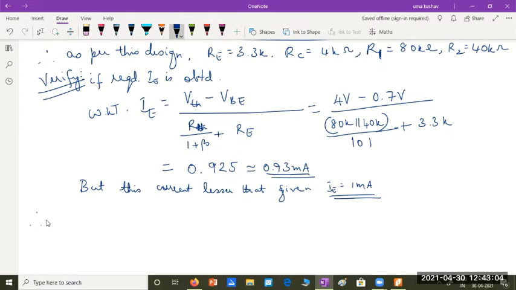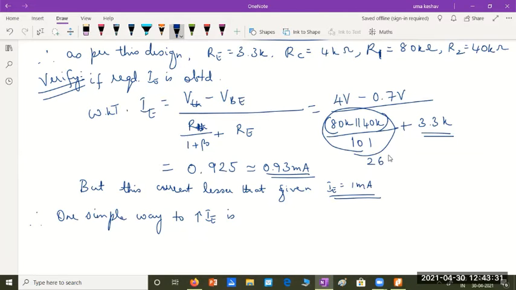Therefore, look at the equation and tell me. One simple way to increase this emitter current is, see, in the denominator I have two terms, RE, which is 3.3K, and this one we are getting as approximately 265 ohms, correct? This first part.